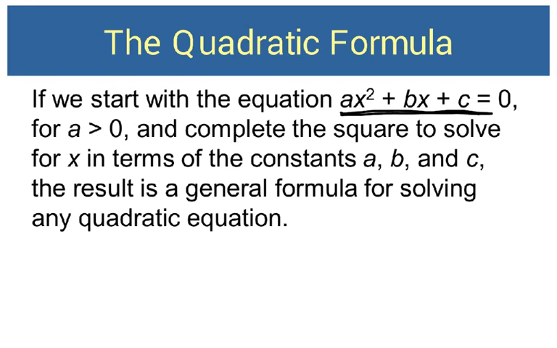If you complete the square, that's going to be an activity in our class after y'all watch this one day in class, we're going to complete the square of this equation using a, b, and c as our constants in our equation, and we're going to come up with the quadratic formula. So once you watch this, you may want to figure it out on your own before class starts.